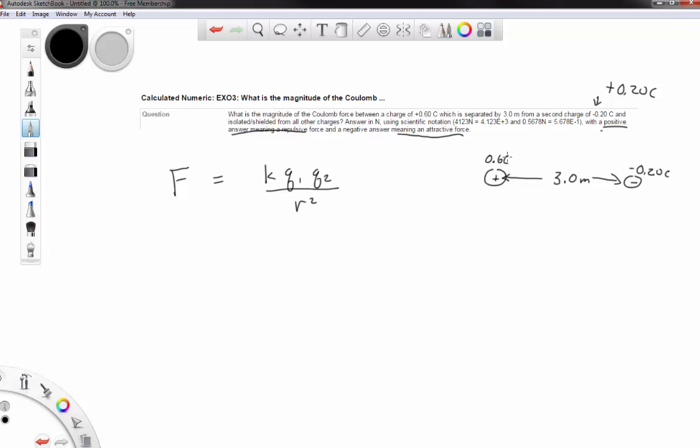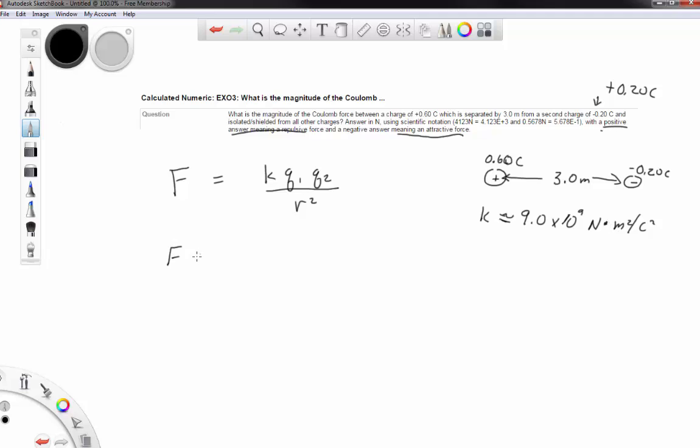This was 0.60 coulombs. And then, of course, the Coulomb constant, k, was given on that slide as approximately 9.0 times 10 to the 9th Newton meters squared per Coulomb squared. Okay, so let's go ahead and plug everything in and see what we get.